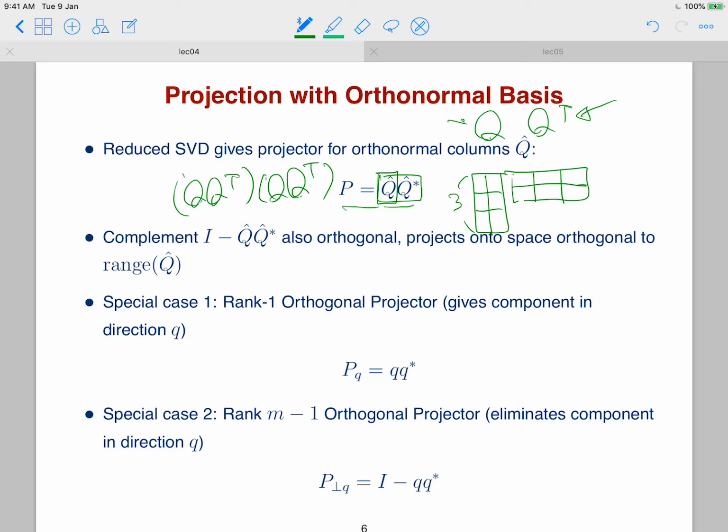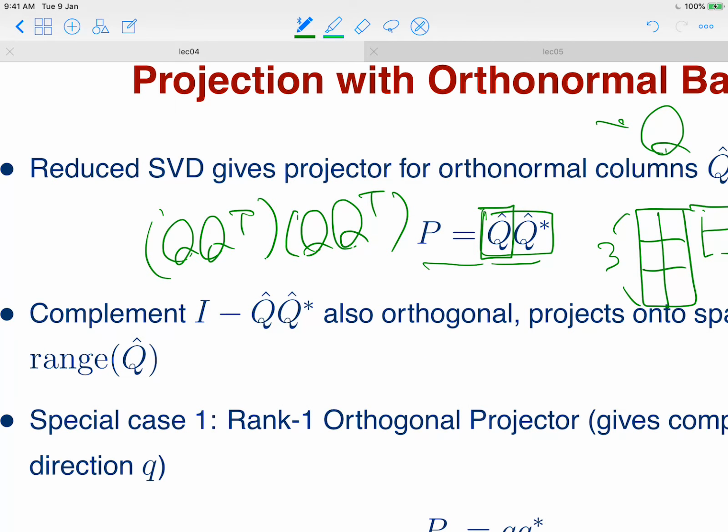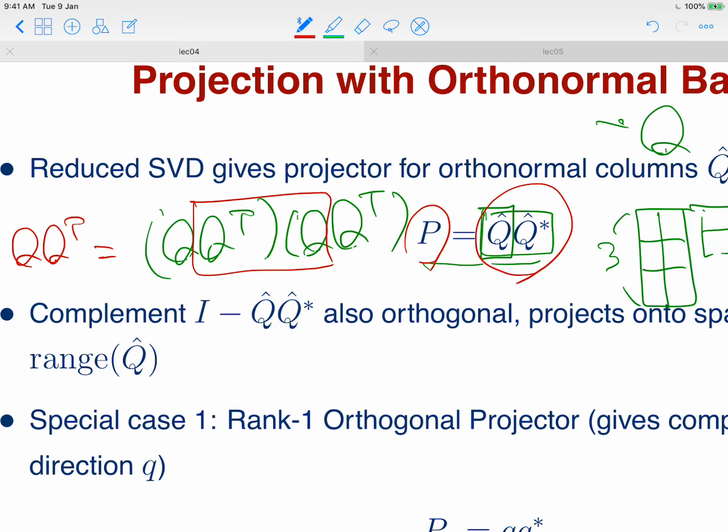So in this case, the middle part of Q transpose Q is identity, right? And so it is just QQ transpose, and thus this P is P squared.